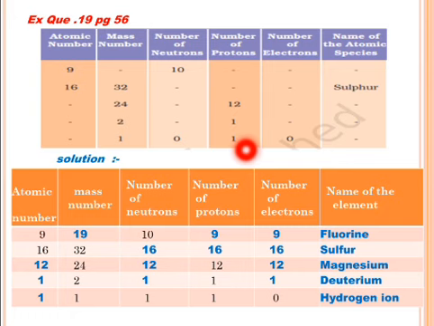See, number of protons 1 is given. It means atomic number is also 1. See from down from the answer. And it does not have any neutron. So identify the element which does not have any neutron. Yes, it is the isotope of hydrogen, that is protium, which does not have a neutron.